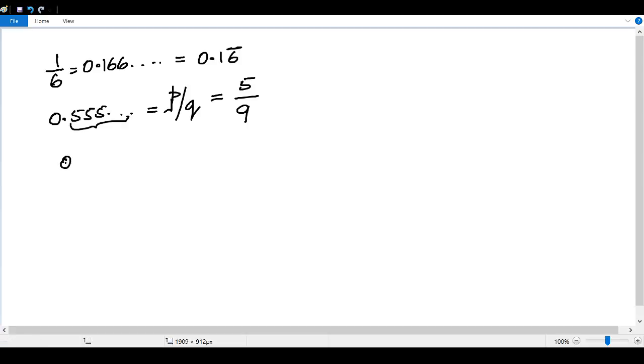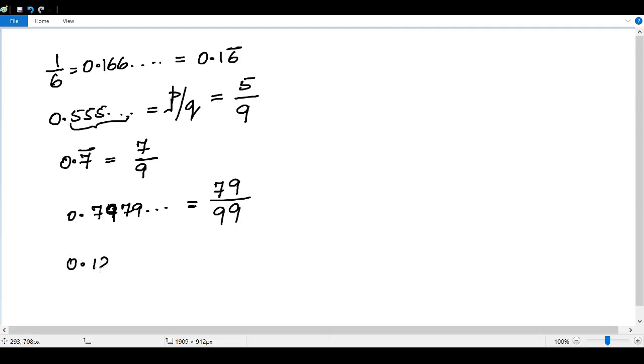I repeat, if I want to know the fractional value of 0.777 and so on, there is only one digit repeating, which is 7, and thus I will write 1 nine in the denominator. If there were two digits repeating, let's say 7979, then I would have written the two digits followed by 2 nines.